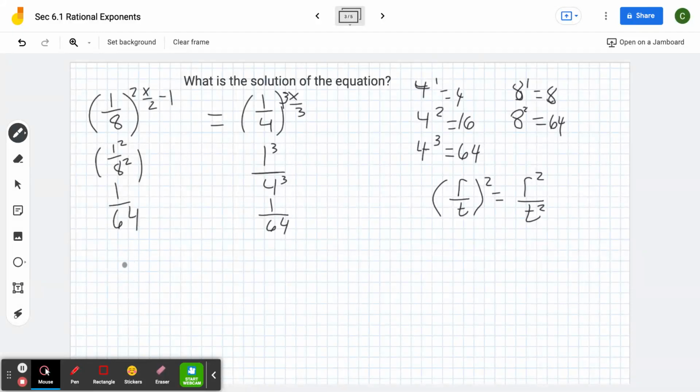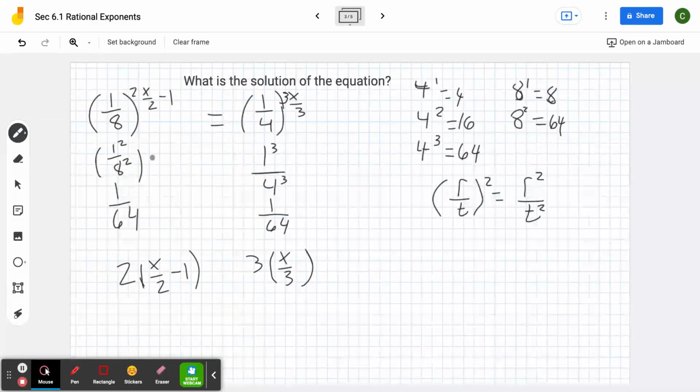And so with that being said, really, I have 2 times x over 2 minus 1. And over here I have 3 times x over 3. And since we know that we get the same base, we can go ahead and set them equal to each other.